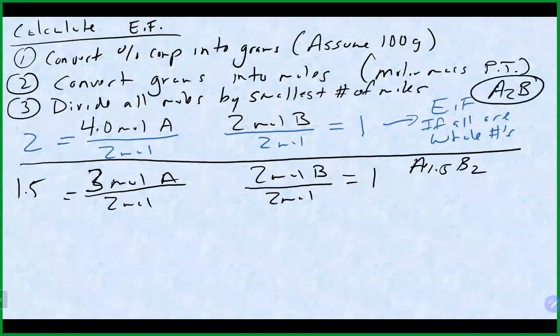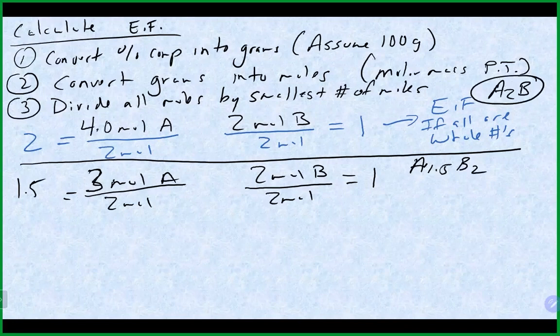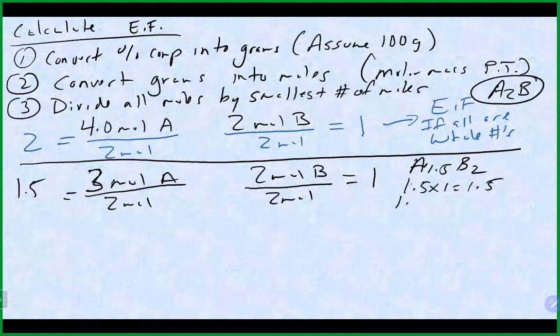Now, we cannot have a 1.5. They do need to be whole numbers. So we do need to clear the decimal. This is considered too far to round. So 0.5 is too far to round up or down. You do have to find a way to clear it. And you could do that by just simple math. 1.5 times 1 is 1.5. 1.5 times 2 is, I believe, 3.